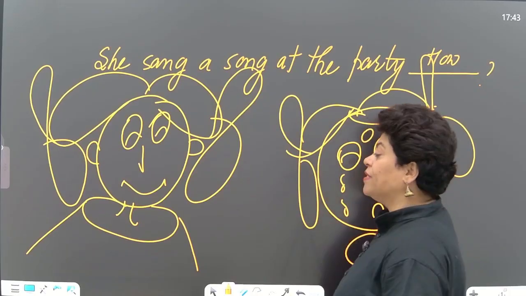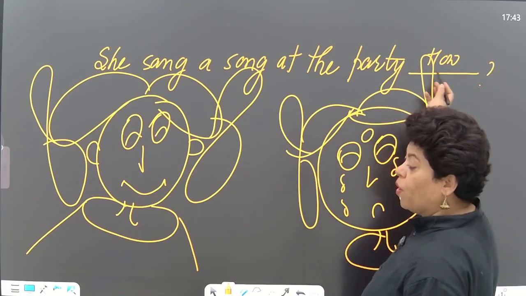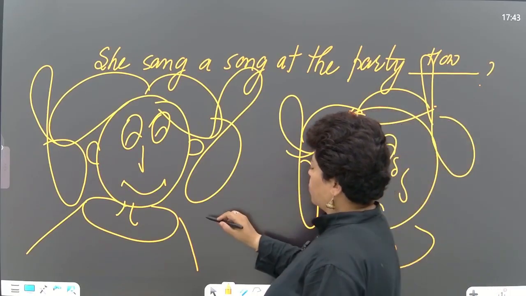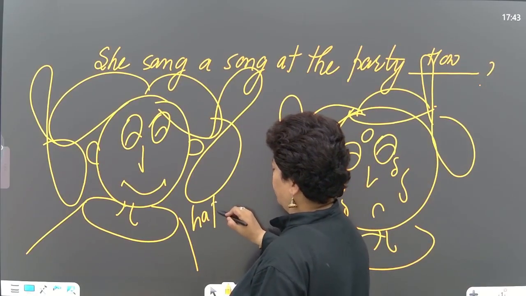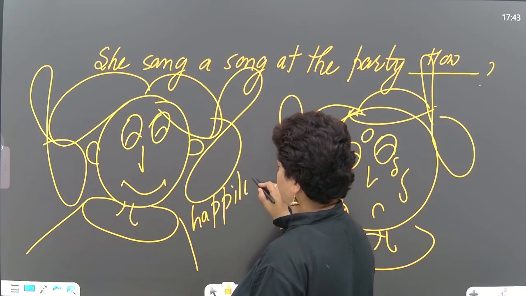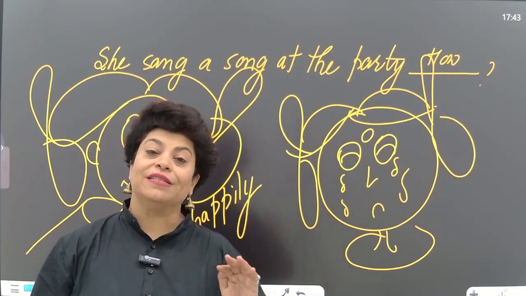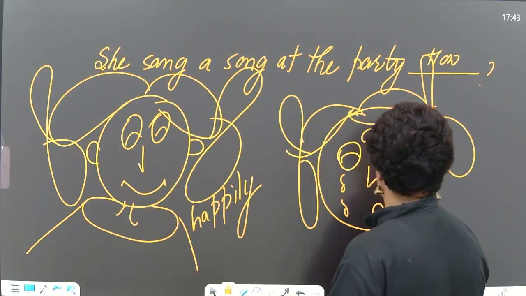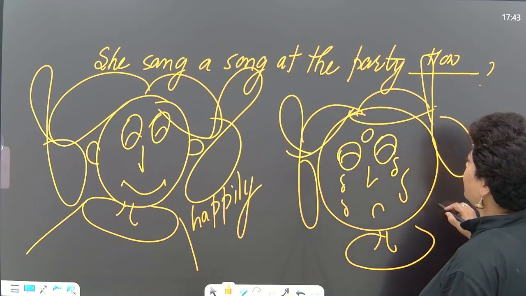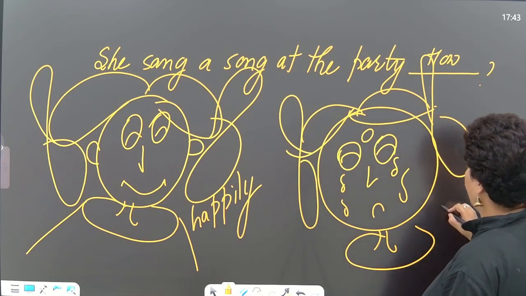So the answer is substituted by, how was she singing? She sang the song happily. This indicates what was the mode of singing. Was she happy while singing the song, or she was sad? Which picture indicates that she was sad? She sang the song at the party crying.